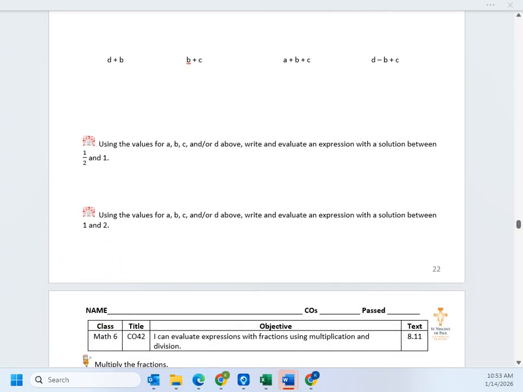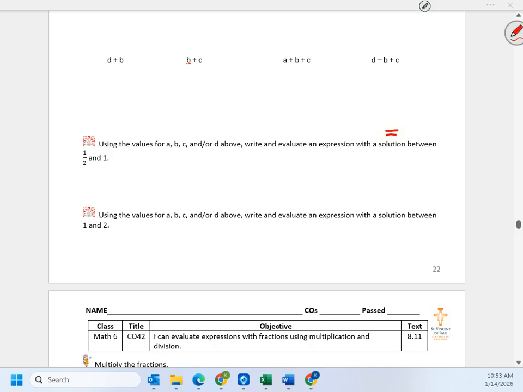It says, using the values for A, B, C, and D above, write and evaluate an expression with a solution between 1/2 and 1. So when it says a solution, that means your answer. So your answer needs to be a fraction that is between 1/2 and 1. So your fraction is going to be bigger.